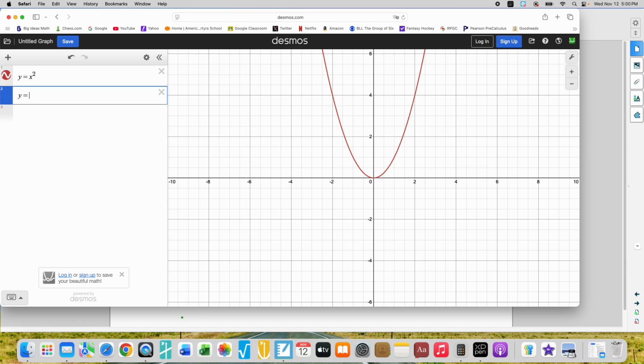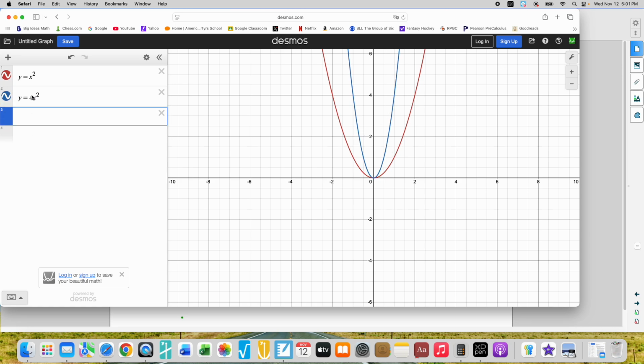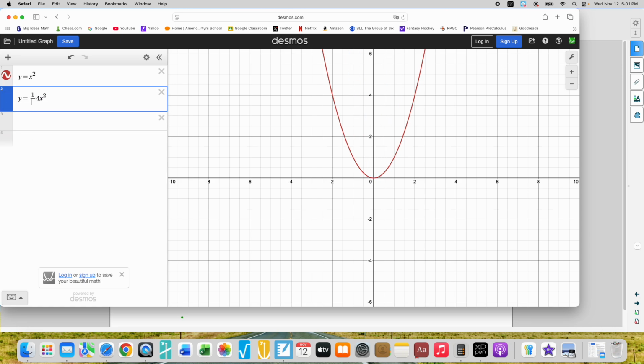And if I put 4x squared, that's going to make it much steeper. So that would be a vertical shrinkage because it got skinnier. And then if we do 1/4, it goes out wider, by a factor of 4.